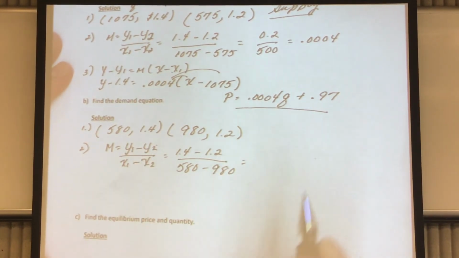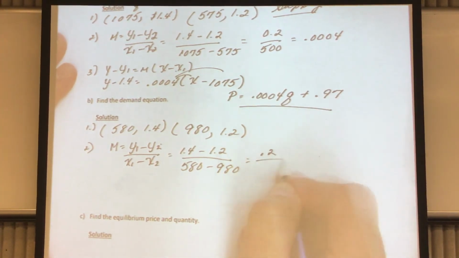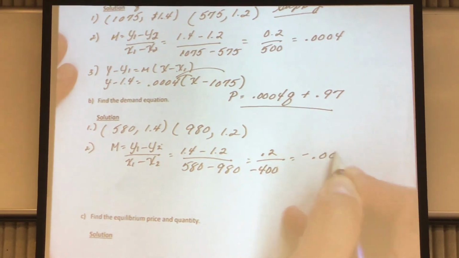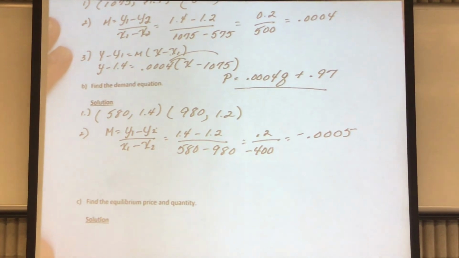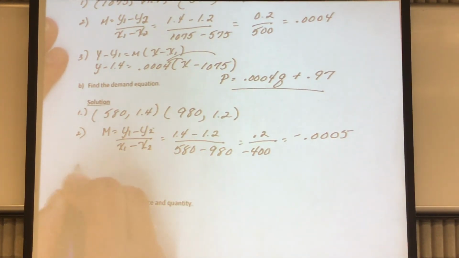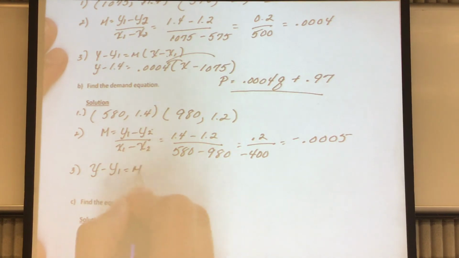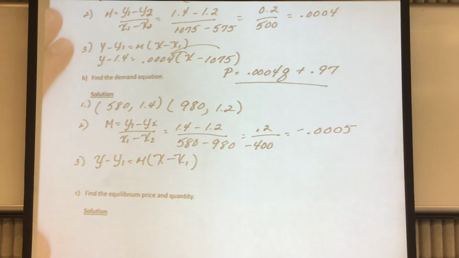And calculating that, we have 1.4 minus 1.2 is 0.2 over negative 400, which is negative 0.0005. Now using one of the points to solve my equation, so y minus y1 equals m times x minus x1, again using point slope form.